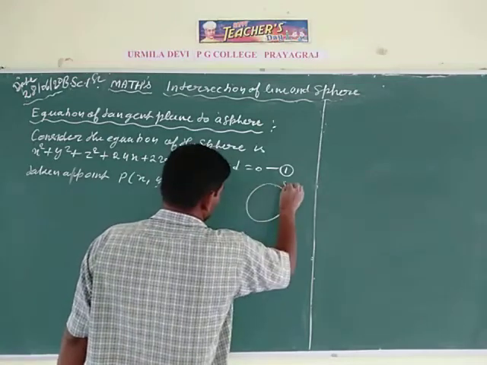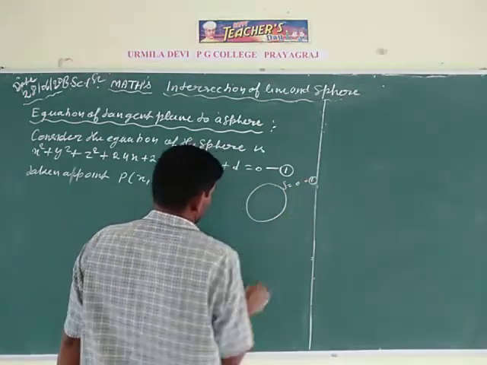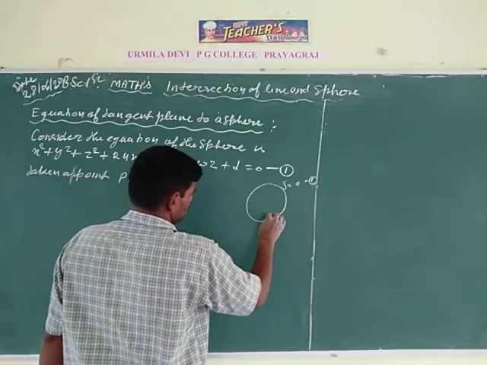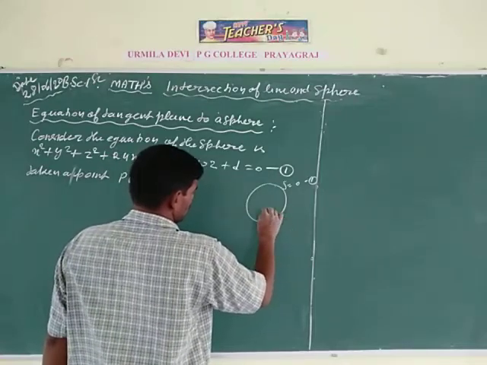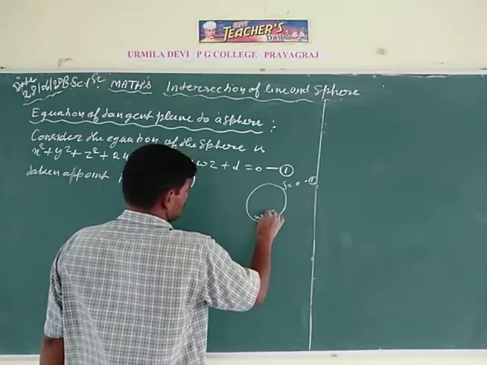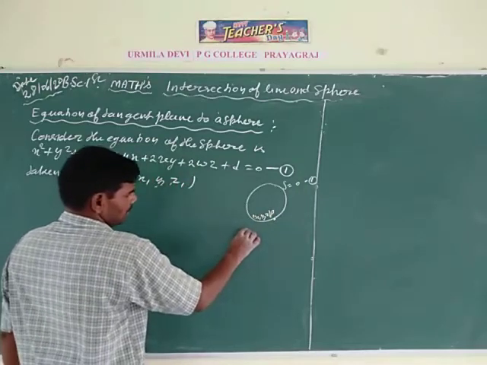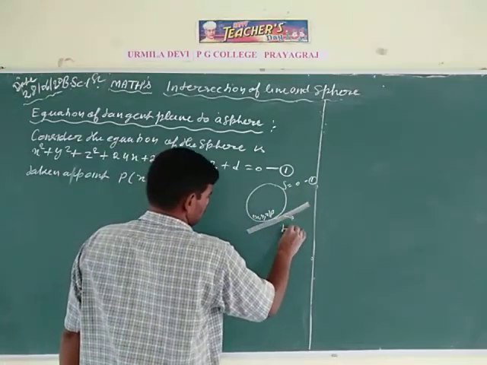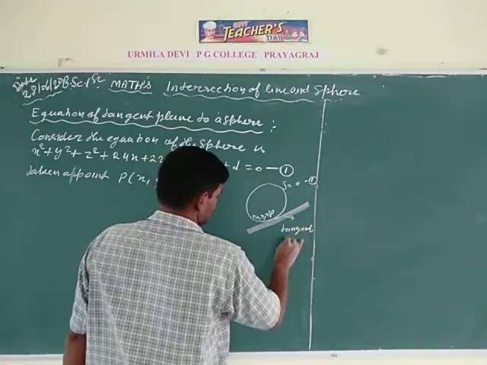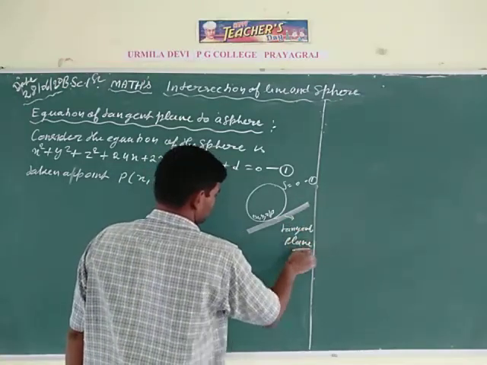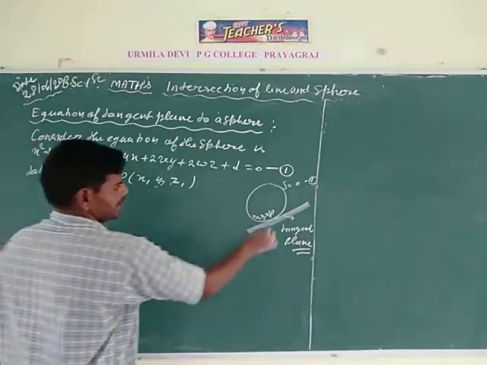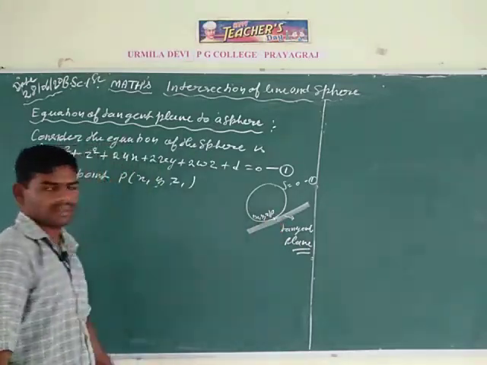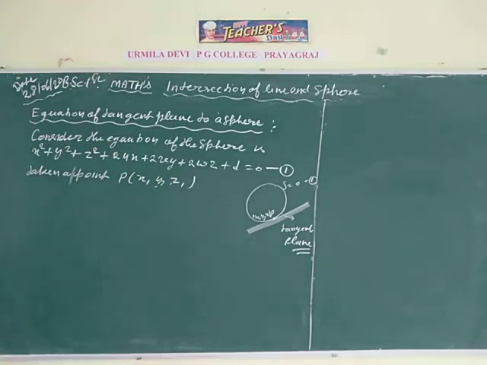Suppose the sphere is this, with the first equation, and suppose the point is capital P with coordinates (x1, y1, z1). Then the plane drawn is called the tangent plane, and the touching point is capital P, meaning the tangent plane at the point capital P.